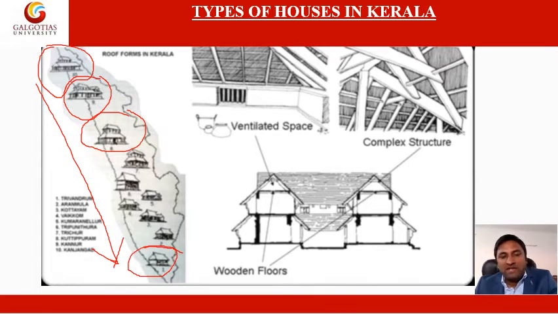This may be due to change in climate and local style, but one thing is common: the roof structure. It may be duplex or single story, but there is an attic, a slant roof, in every building. Why is it there? Because, as we know, Kerala is in a warm and humid climate.